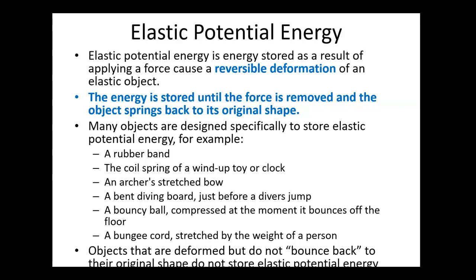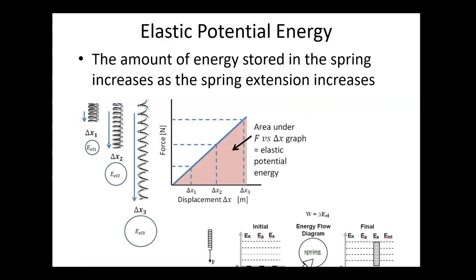Now, of course, there are objects like silly putty or chewing gum that can be deformed, but if they don't bounce back to their original shape, they are not storing elastic potential energy. So the ability to store elastic potential energy is very much dependent on a reversible deformation of an elastic object.